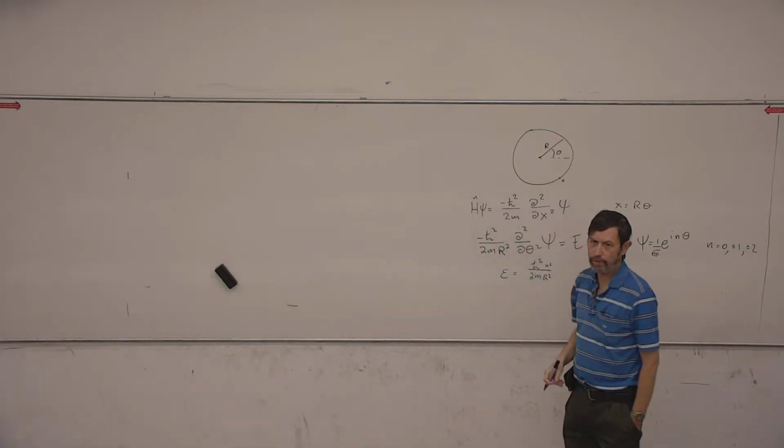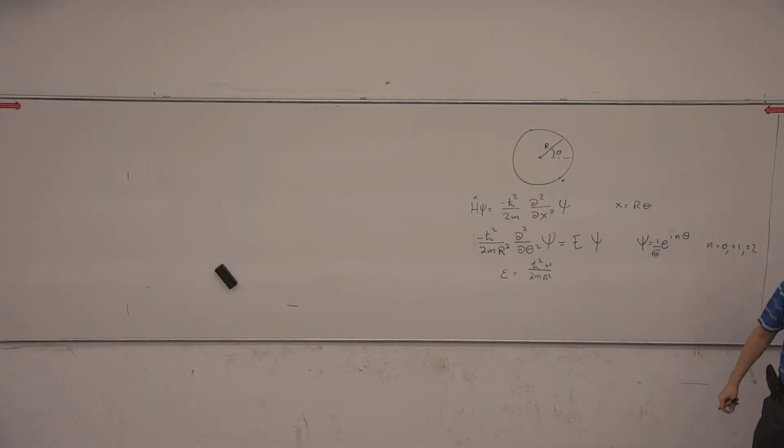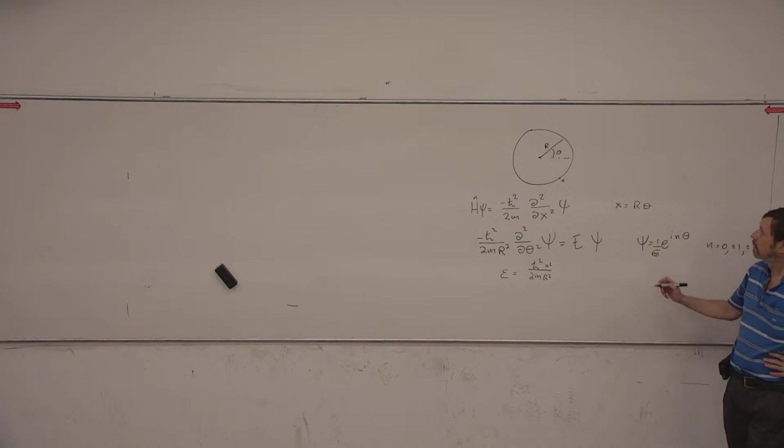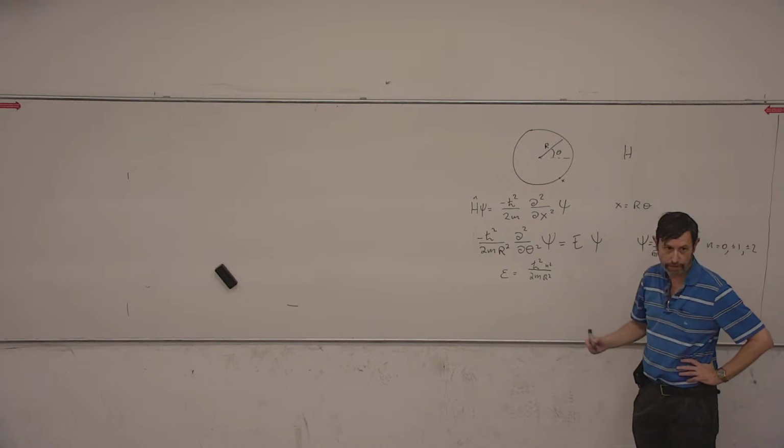Okay, what do we remember about the magnetic field? In general, if I have a Hamiltonian, it's already in classical physics.